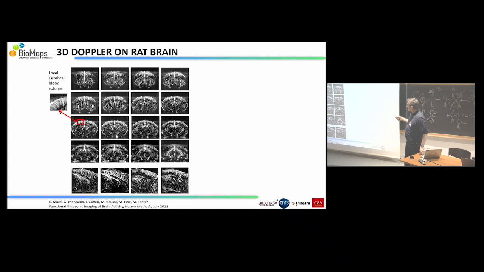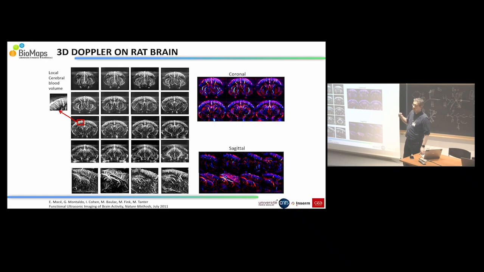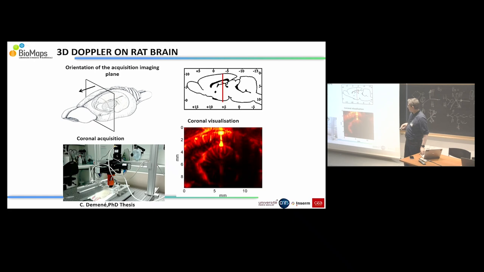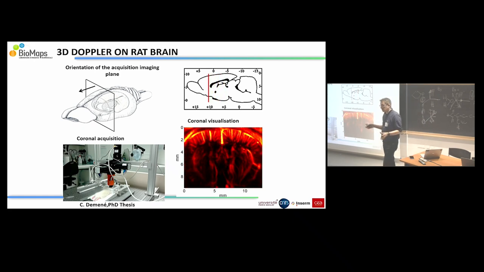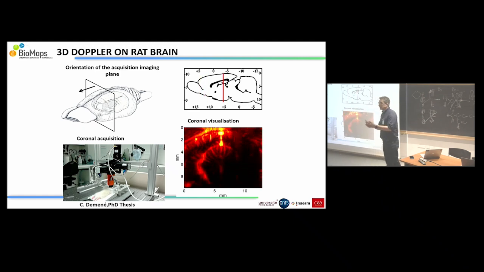You can do that on the whole brain by just moving the probe, and you have a very good resolution with about 100 micrometer resolution. You can calculate the red flow, the blue flow, to see what is coming up to down. And you can also reconstruct the whole vascularization of the brain because you have real-time acquisition.